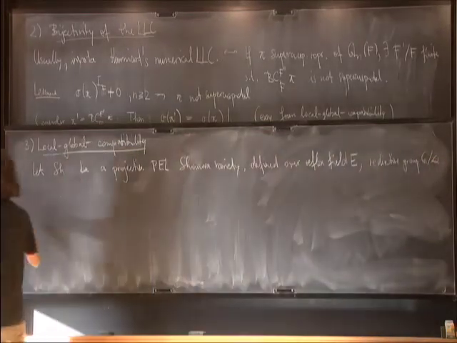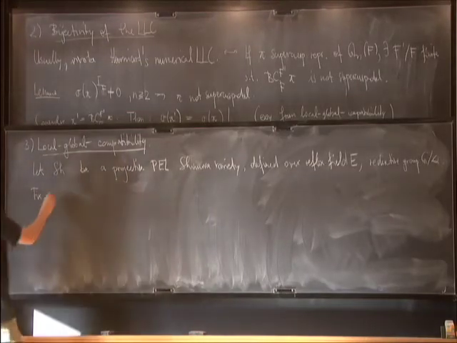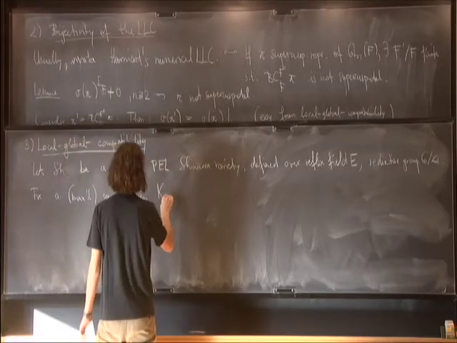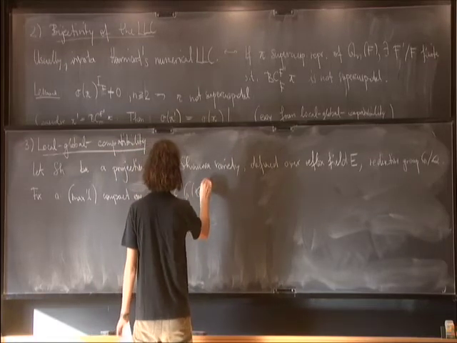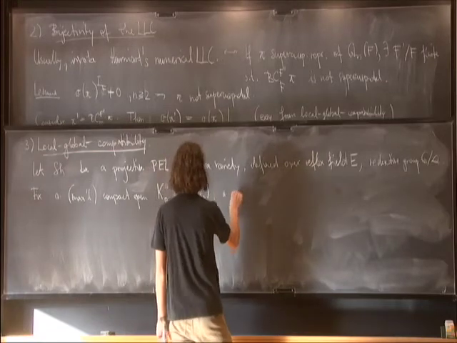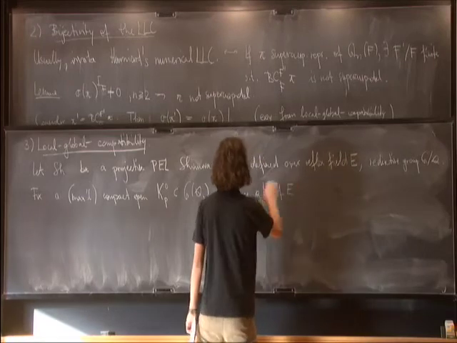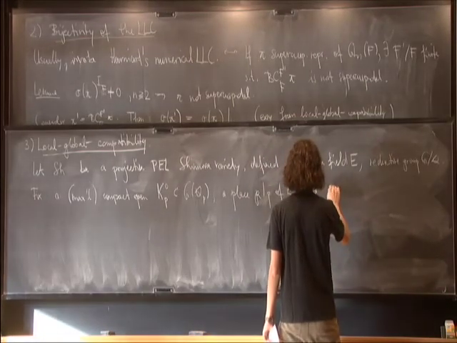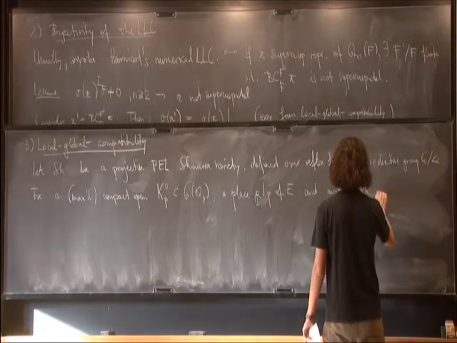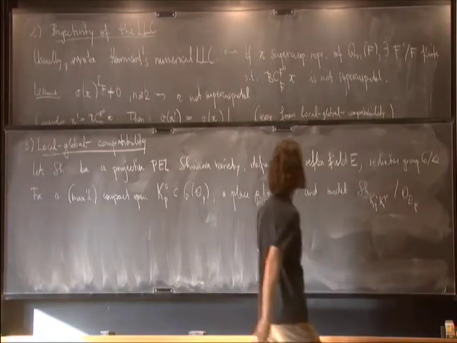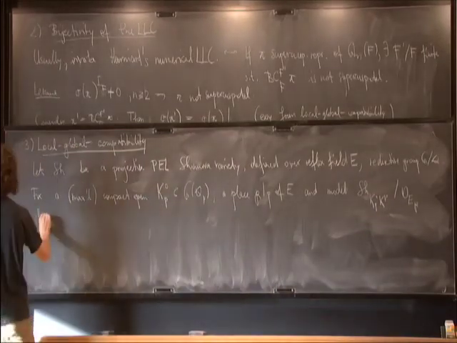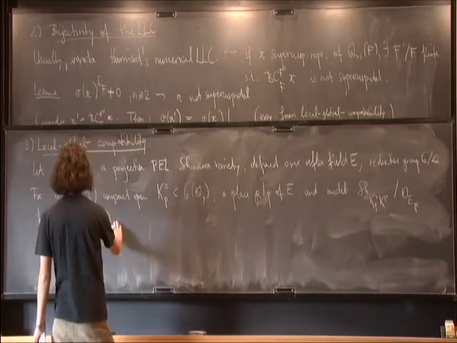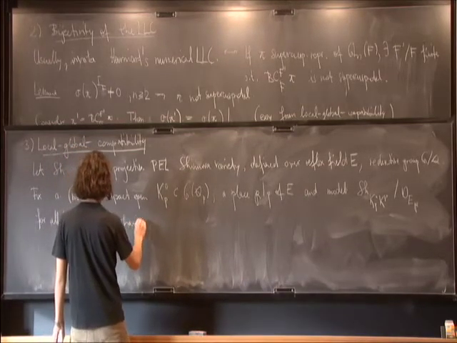over Q. And let me fix a maximal compact open K_p^0 inside of G(Q_p), a place of E above p, and furthermore let me fix models of these Shimura varieties over the ring of integers, somehow satisfying a moduli description, having a moduli interpretation.